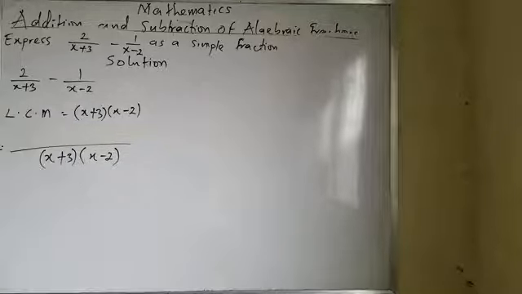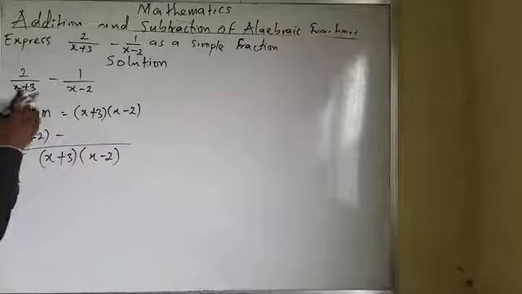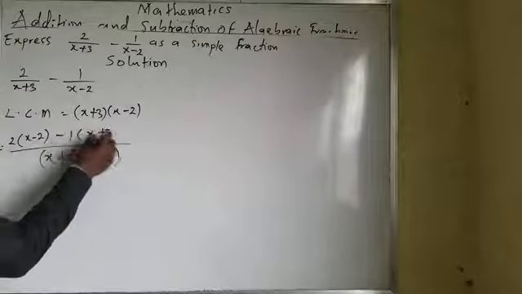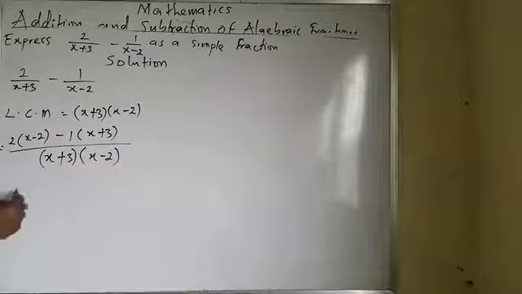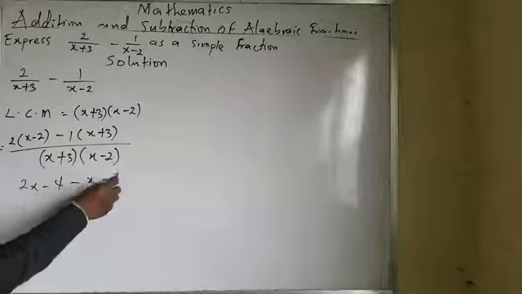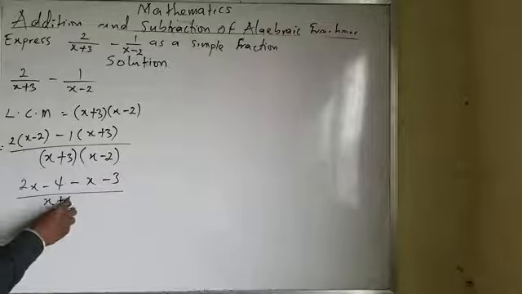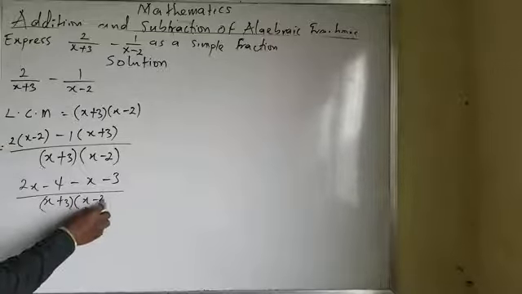Now, since I have this divided by this, I have 2 bracket of x minus 2, minus this divided by this, I have 1 bracket of x plus 3, which I can now say is 2x minus 4 minus x minus 3, divided by x plus 3, x minus 2.